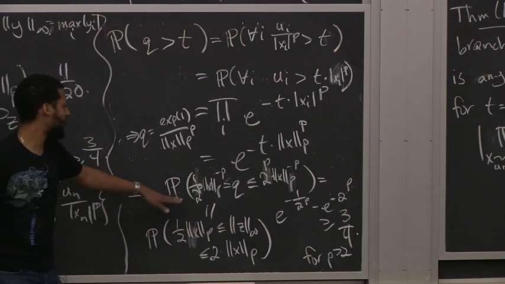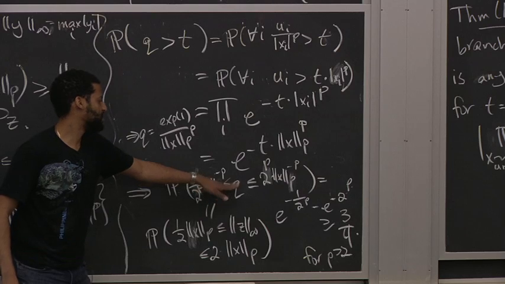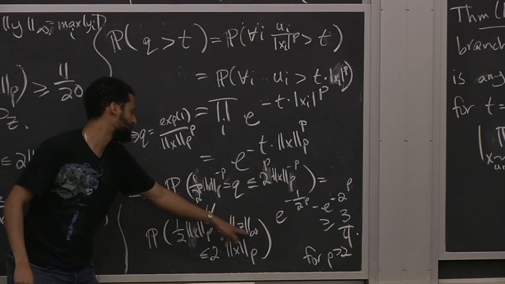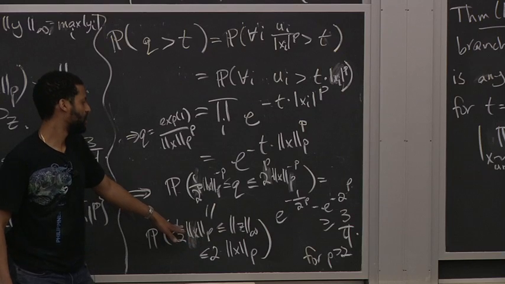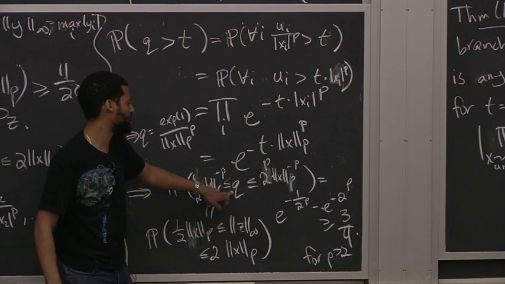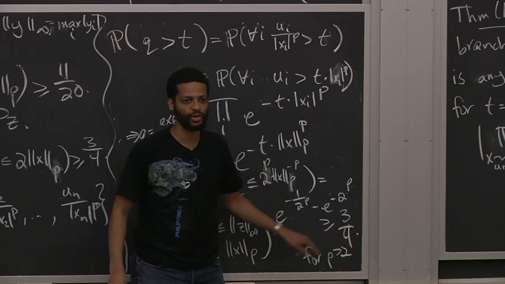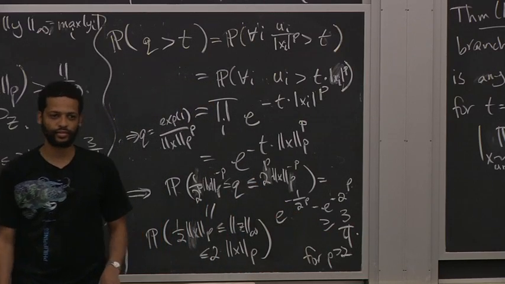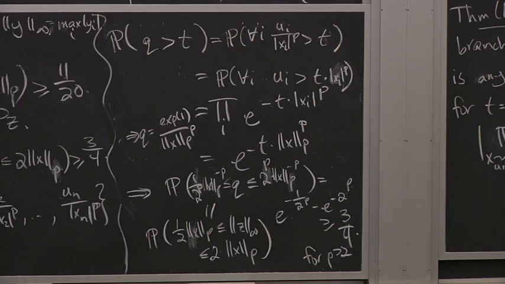So the probability that this min is between this range is the same thing as the probability that this max is between these two ranges, which, because this is an exponential distribution, we can calculate explicitly, and it's at least 3/4. Okay, so we've shown this claim, and then now what I want to show is that actually y, the max entry in y will still be good with good probability. Okay, and then we'll do something else on Thursday.